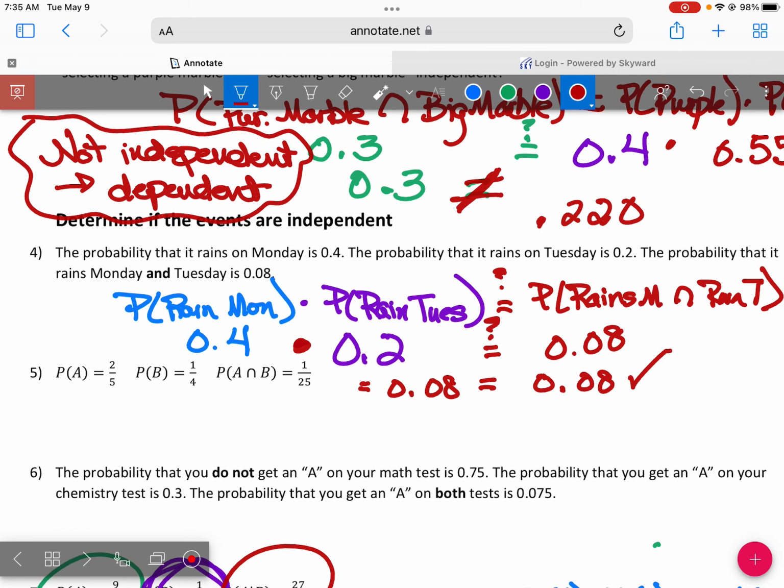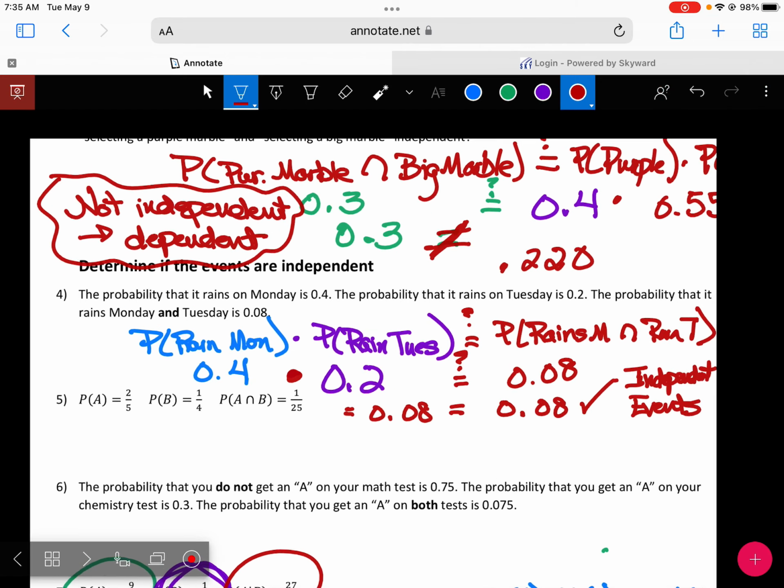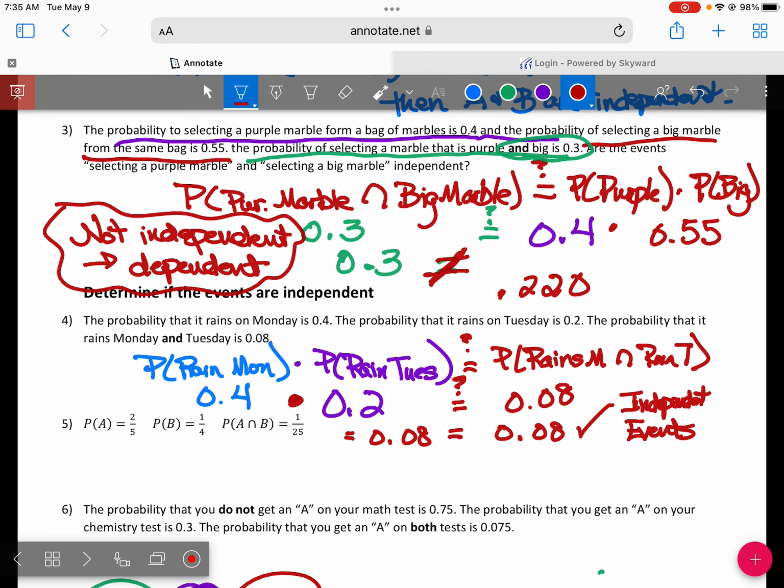So yes, they are equal, and that means these are independent events. Okay? Any question about 3 or 4?